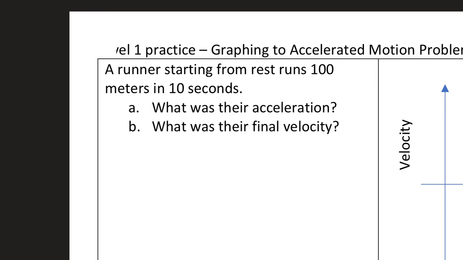All right, so we all have number 4. A runner starting from rest runs 100 meters in 10 seconds. We're assuming he's accelerating. Can you draw me that graph real quick? That one should be cake. Super easy to draw.